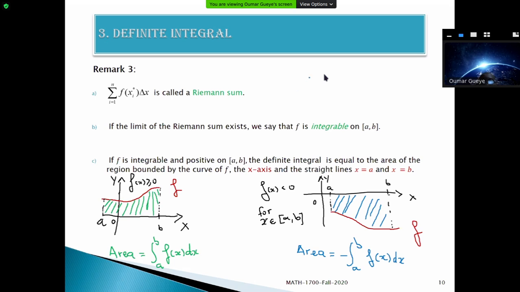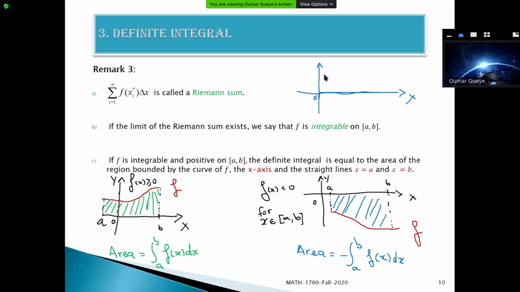You can get a third case, for example, where your function is positive in one part of the interval AB and negative in the other part. In that case, you have to split your integral into two integrals in order to get the exact value of the area.